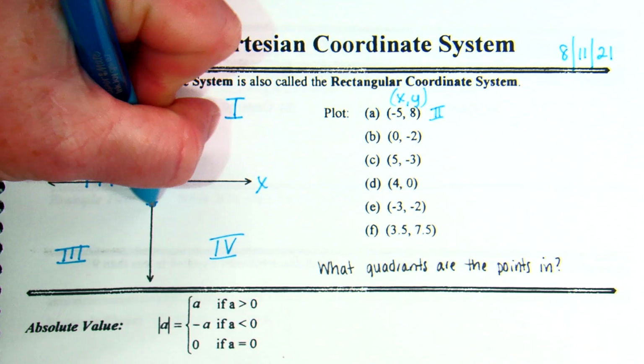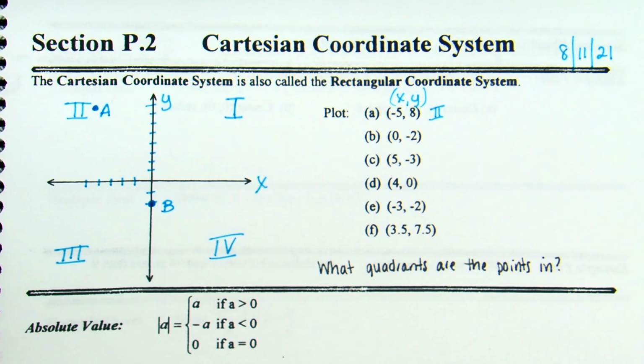I'm going to call that point B. What quadrant is that in? Okay, it's between quadrants 3 and 4. It's on the y-axis. Depending on how you're being asked, you could answer either way. What I'm going to say is none. I mean, it is on the y-axis. It is on the border of quadrants 3 and 4, but it's not specifically in a quadrant.